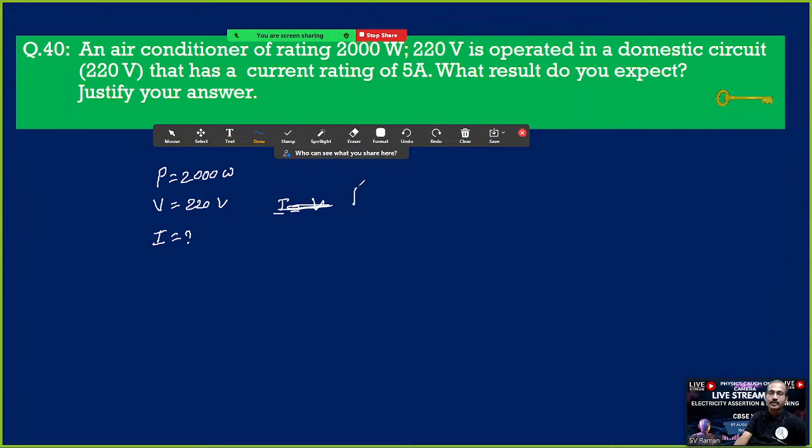P is equal to V into I, so I is equal to P by V. P value 2000 by 220, approximately 9 amperes. Now this air conditioner won't work with 5 amperes, it works with 9 amperes. Hope this answer satisfies the student.